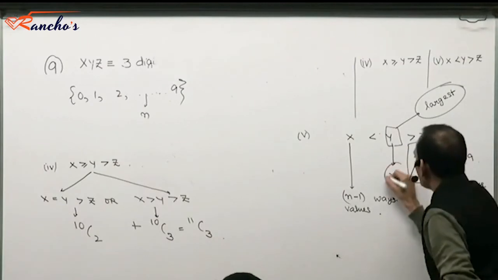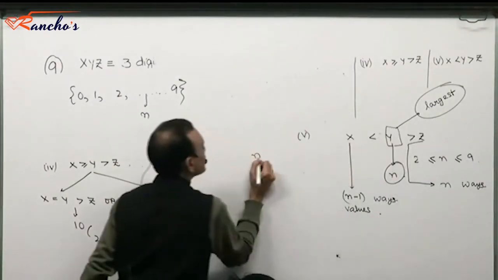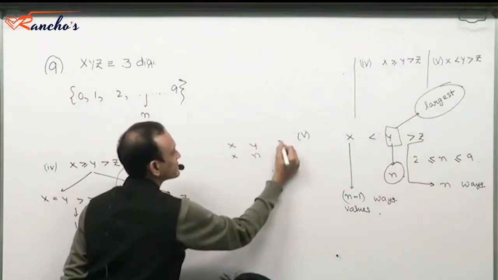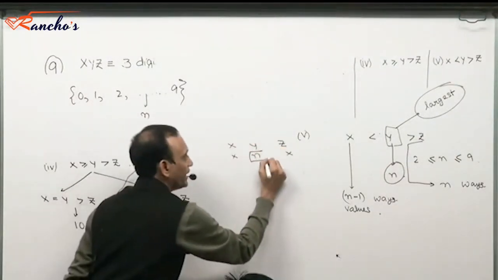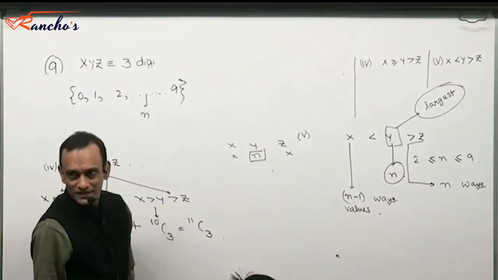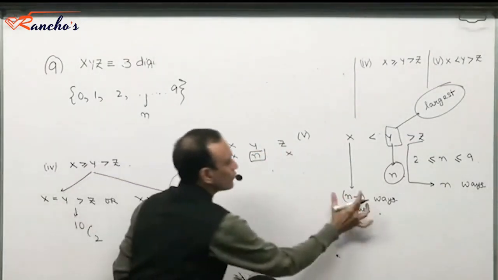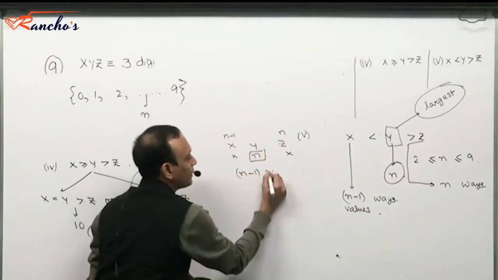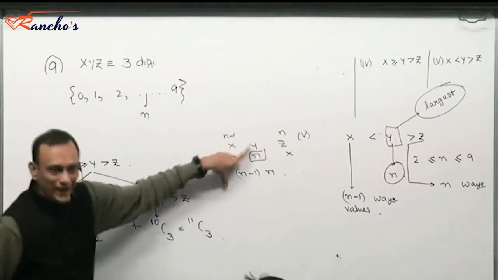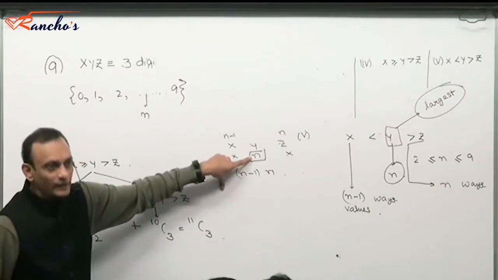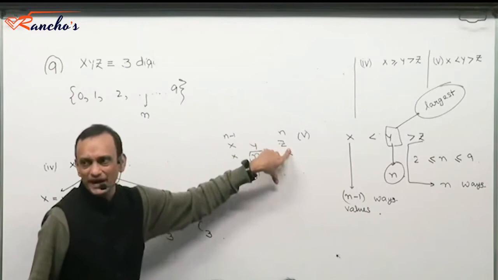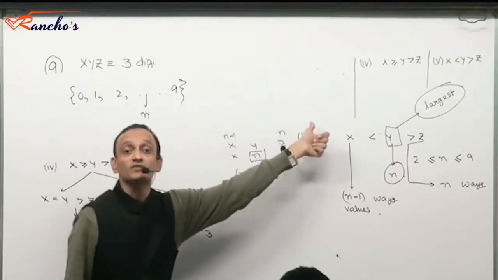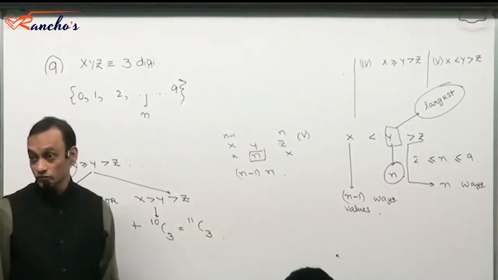So if y is n, then in the 3-digit number, the number of numbers xyz that can exist would be n minus 1 into n: n minus 1 ways of selecting x and n ways of selecting z.